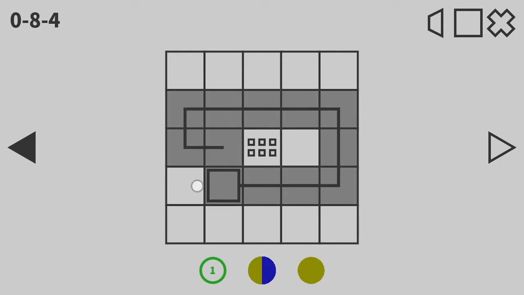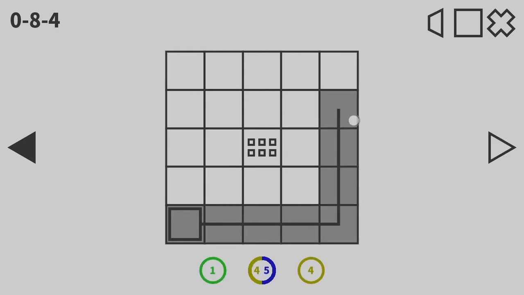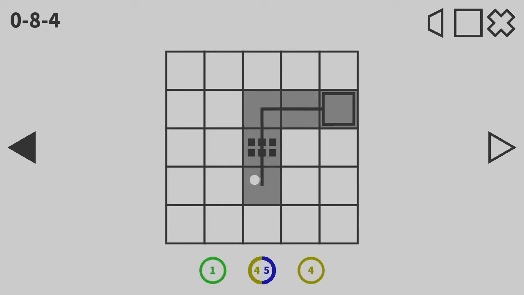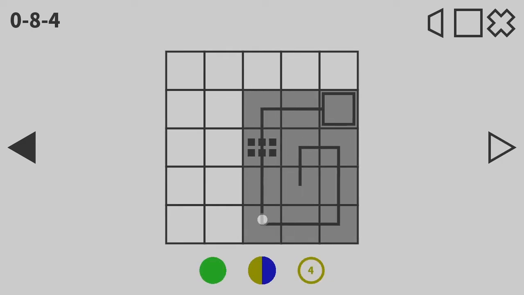Come on. Oh my gosh. Some kind of interesting rule that plays nicely with the non-square rule.